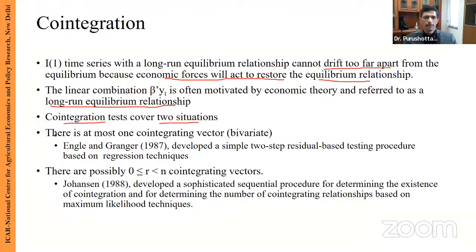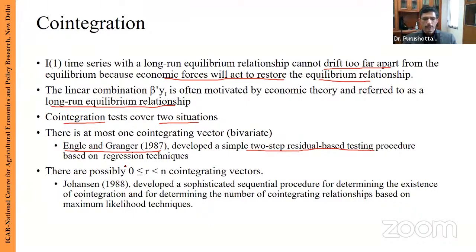There is one co-integrating vector, or what we say is bivariate modeling. So Engle and Granger proposed this in 87. They developed a simple two-step residual-based testing procedure based on regression techniques.